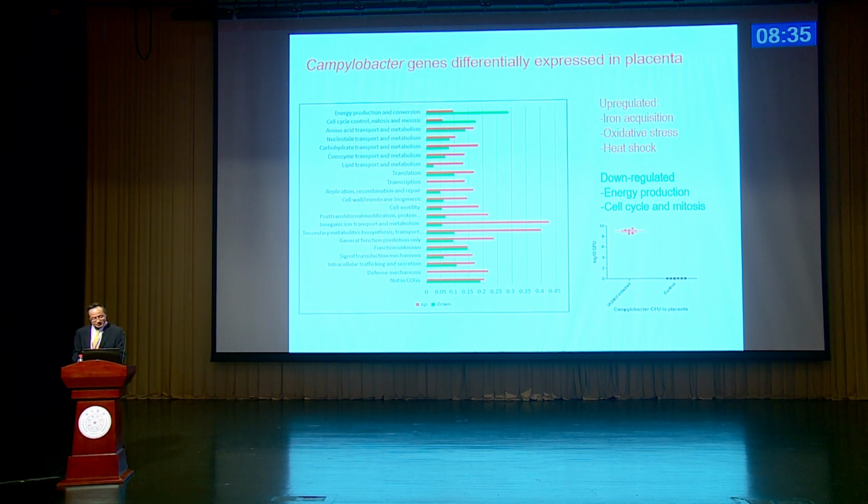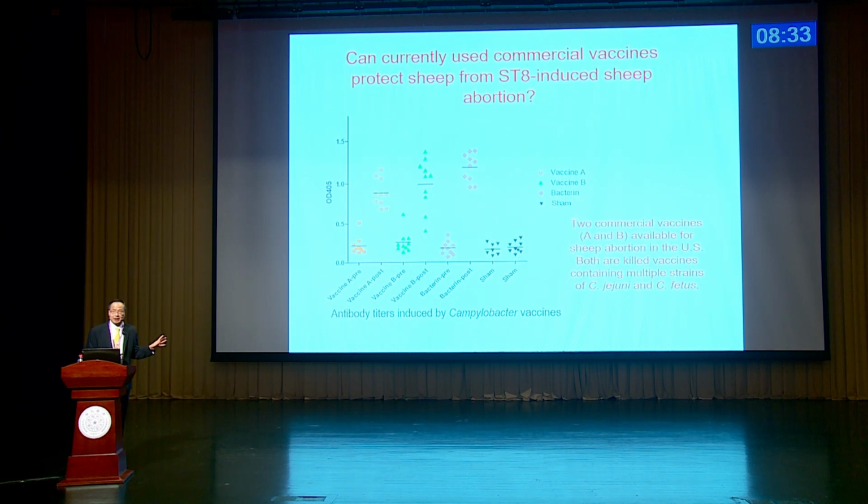So that's the response and interactions in the placenta. I also want to share a little bit about prevention and control of ST8, and also its evolution and molecular epidemiology.